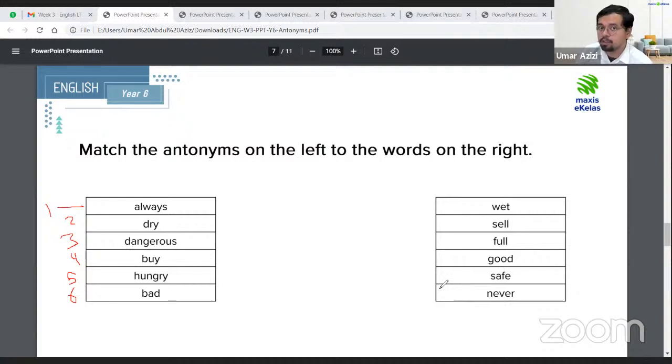Like earlier we found the example rough with gentle, rough with soft, rough with smooth. Rough, smooth is a quality, and rough as in kasar, with gentle as in, what's the Malay word for gentle? I'm not sure. Berlemah lembut, I think. But that's essentially what we're looking for. Antonyms are opposites of the words regarding the sentence we're using.